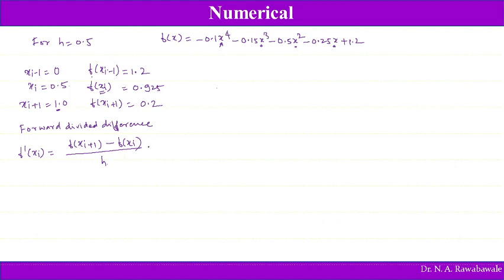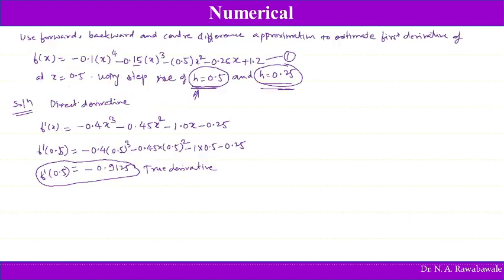If we substitute here, f of xi plus 1 is 0.2, minus f of xi, which is 0.925, divided by the h value 0.5. Then we get minus 1.45 as the derivative.